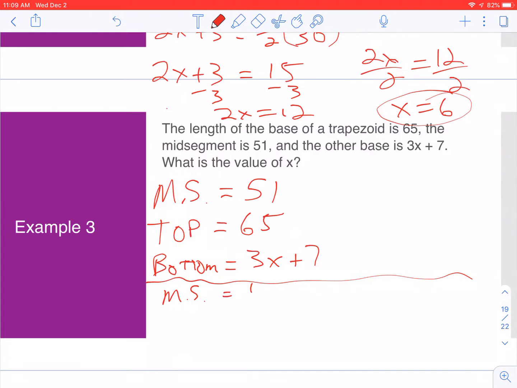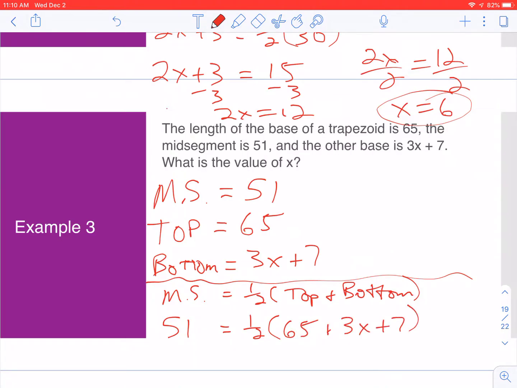Mid-segment equals 1/2 times top plus bottom. So 51 equals 1/2 times 65 plus 3x plus 7. Just like always, I have to combine like terms. So I get 1/2 times 65 plus 7 is 72 plus 3x.